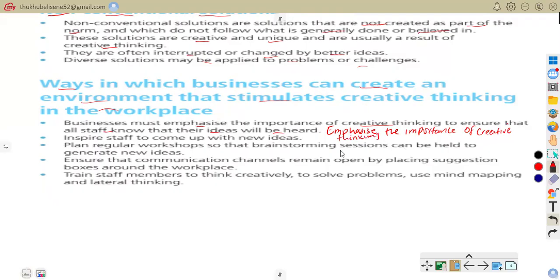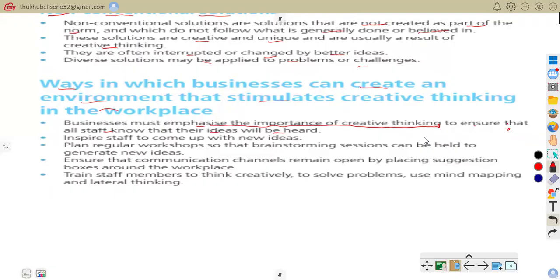That means make employees aware that creativity is valued. So try by all means to make employees aware that creativity is valued.